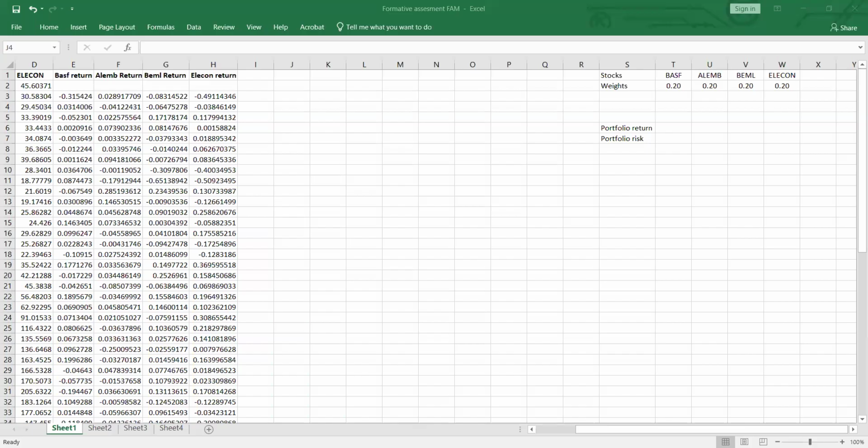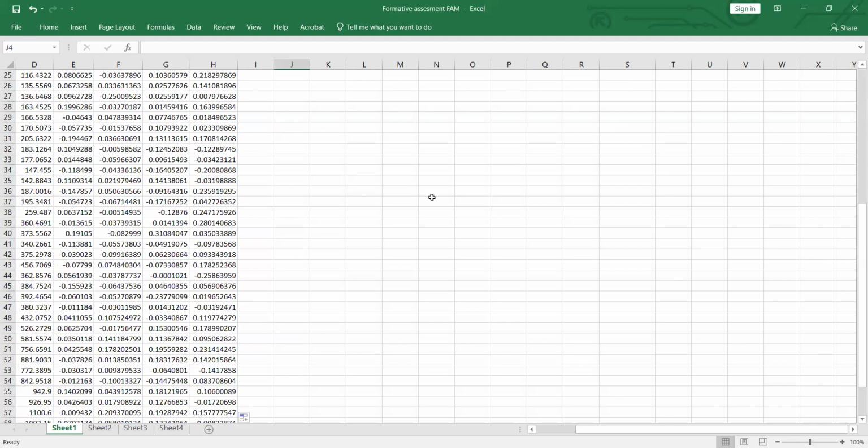To calculate portfolio return, first we calculate the average return per stock.